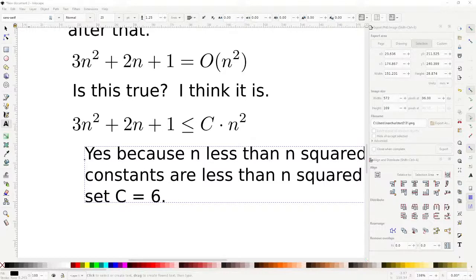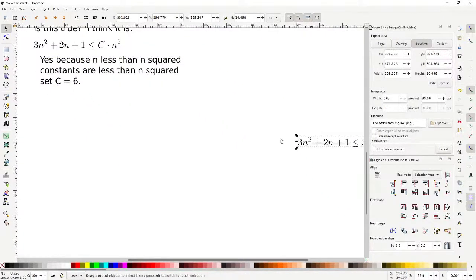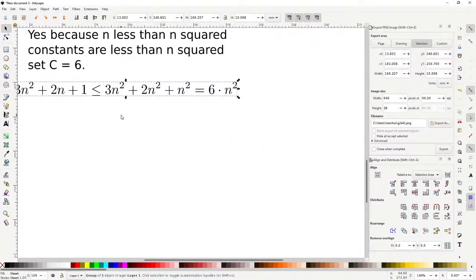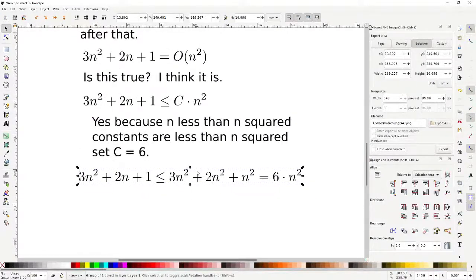It takes care of all the stuff you need, and it's a pretty easy way to bound these things without having to work too hard or think too hard about it. So what you do is you just say, okay, if you agree, and I think we can take this, we're a computer science class, so you don't have to prove that n is less than n squared for at least n bigger than 0, but even for n less than 0, it's still true.